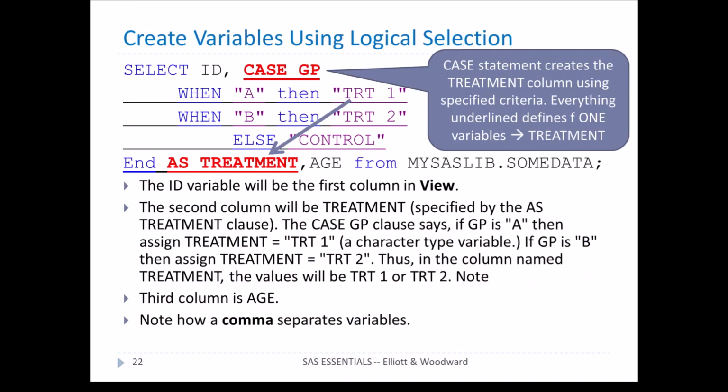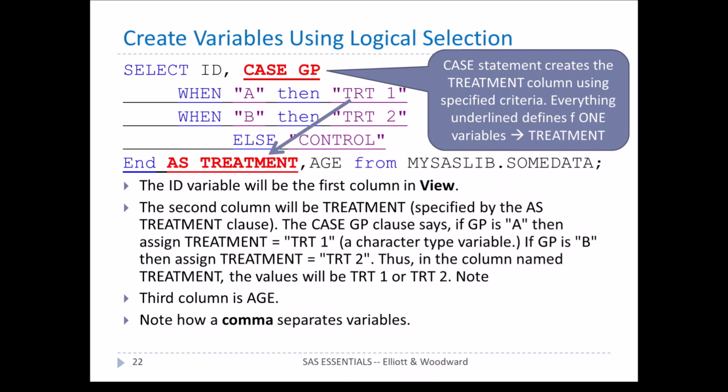So, for instance, let's look at this way to create a variable using a CASE statement. In this example, first of all, we have select ID, comma, so we have one column defined, ID. Now we go to the second column. We're going to create a column called what? Well, we don't know yet. We're using this CASE GP statement. You have to look all the way to the end of the CASE statement.